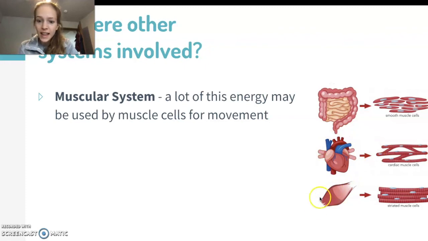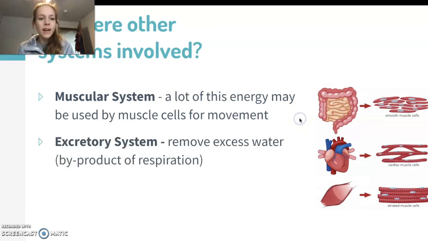This is supposed to show your skeletal muscle, or the muscle attached to your bones that helps you move in ways that we're familiar thinking about, like running and whatnot. But there's also muscle in your intestines that expand and contract in order to push your food throughout your digestive system. And that's called smooth muscle. So the muscular system definitely requires a lot of energy.